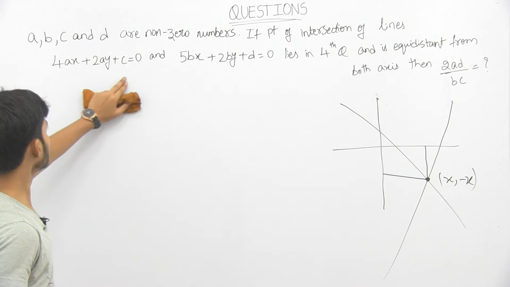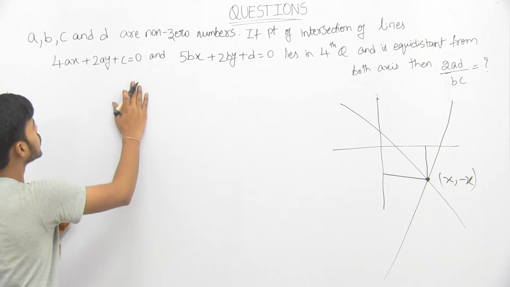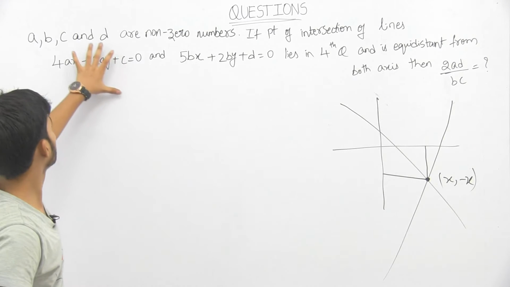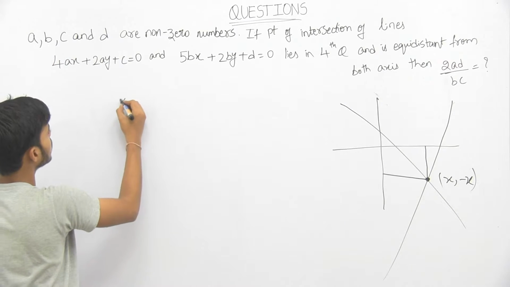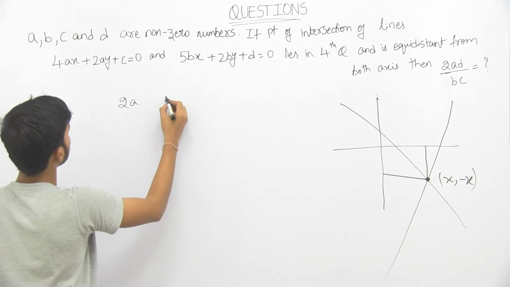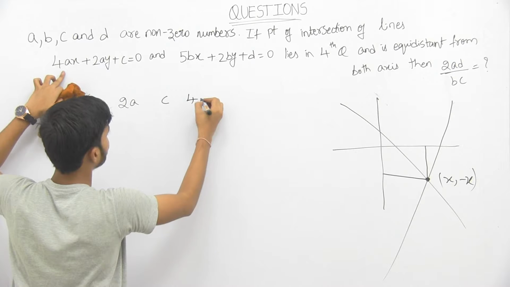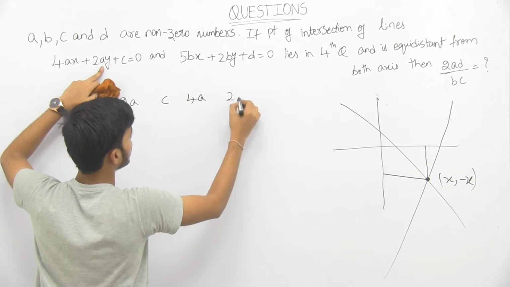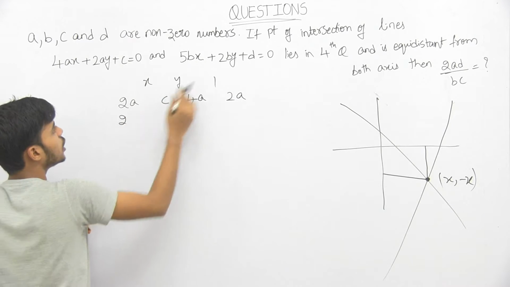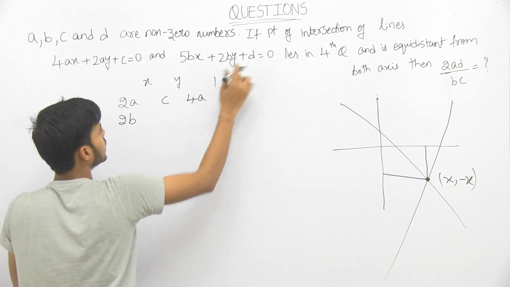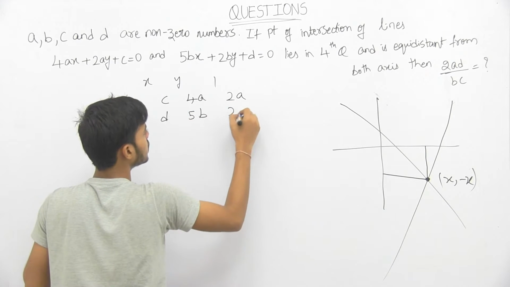Now coming to the question, we have to find the intersection of both these lines. So there are lot of constants involved. So let us use Cramer's rule. That would be 2a, c, 4a and 2a, and this is x, y, 1. In the same way 2b and d, 5b and 2b.